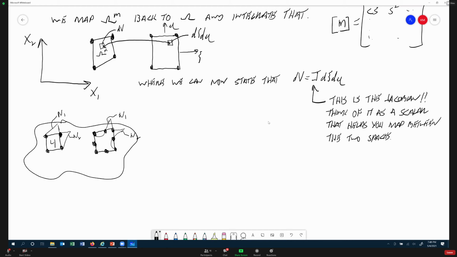So you have to map from this coordinate system to this coordinate system. And then you're going to map again to this coordinate system.